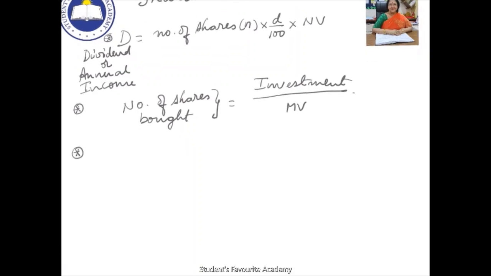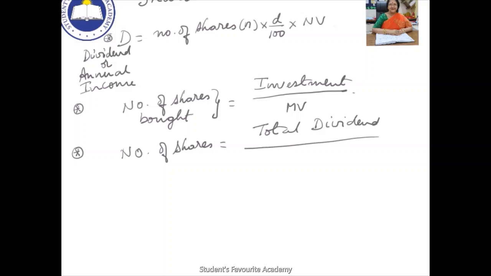Then in terms of dividend you learned it as number of shares is equal to total dividend that is earned upon dividend of one share.